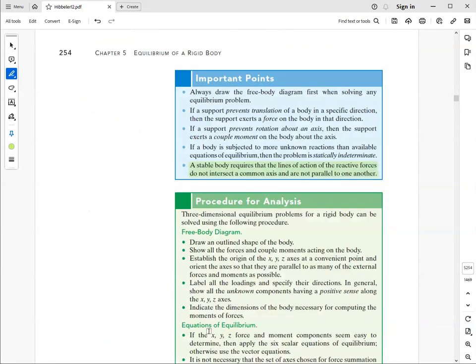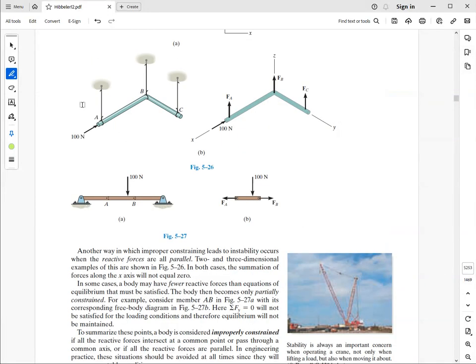All right, so some of these important points say a stable body requires that the lines of action of the reaction forces not intersect a common axis and not be parallel to one another. So parallel or intersecting cases result in unstable equilibrium, or we cannot maintain equilibrium in the configuration of the system with the constraints provided.